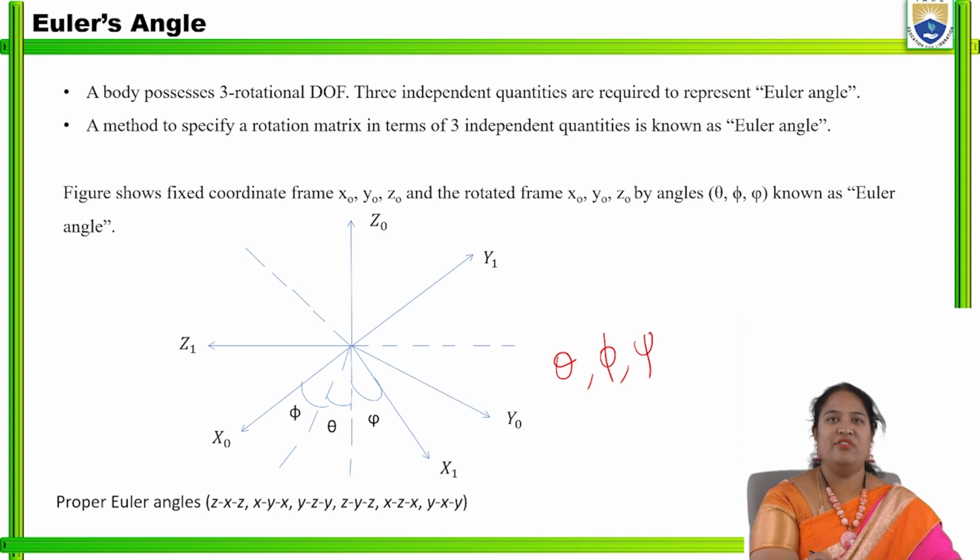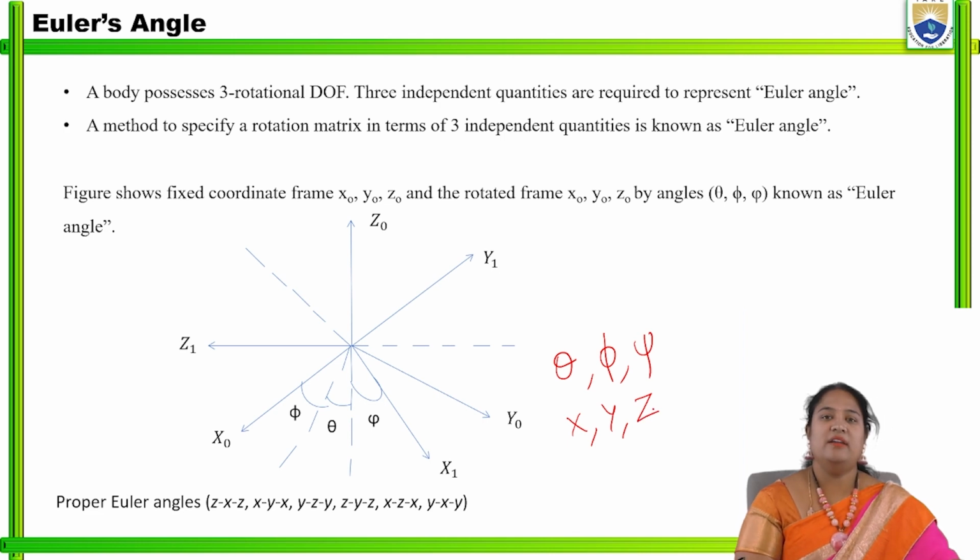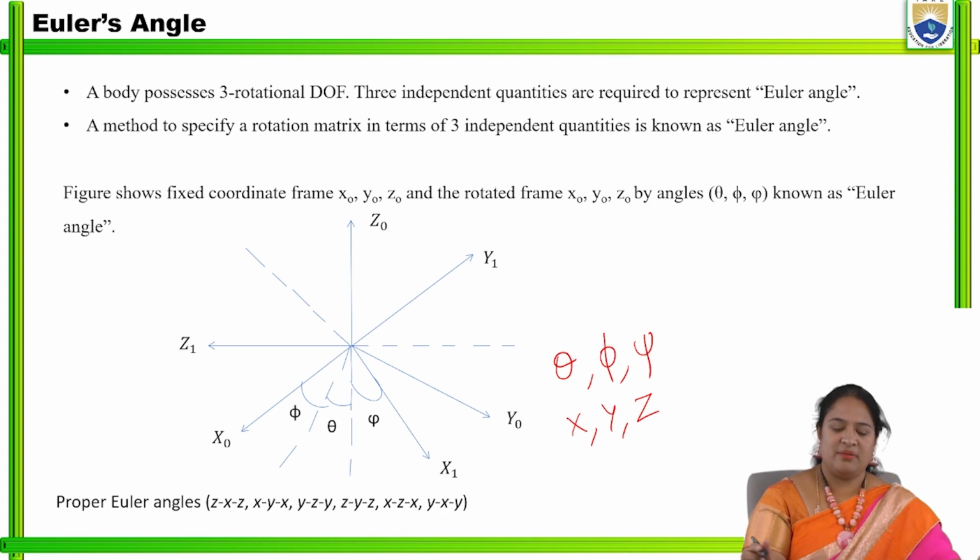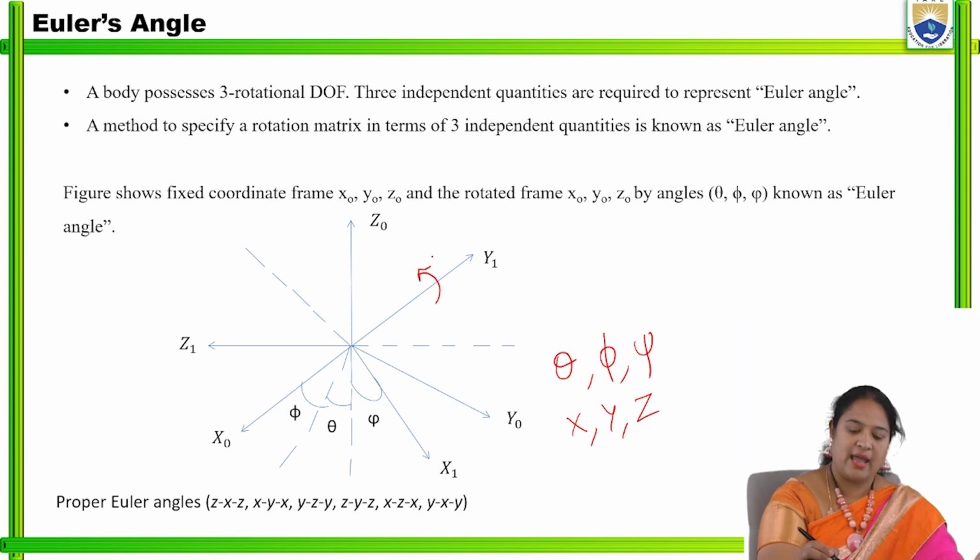Initially here we have taken three axes, x, y, and z. For these axes, we will be finding theta, pi, and psi, where each axis will be rotating about its own axis, right?